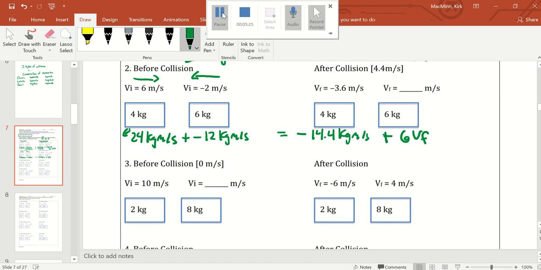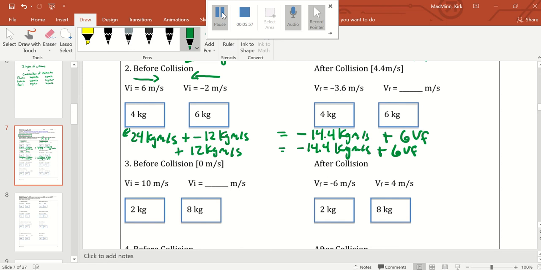So again, we're trying to find that final velocity. So when I add up my total initial momentum, you'll notice because one was right, it was positive, one was negative, it was left. So when I add them together, I'm actually just going to get plus 12 kilogram meters per second, and that has to equal negative 14.4 kilogram meters per second plus 6 VF.